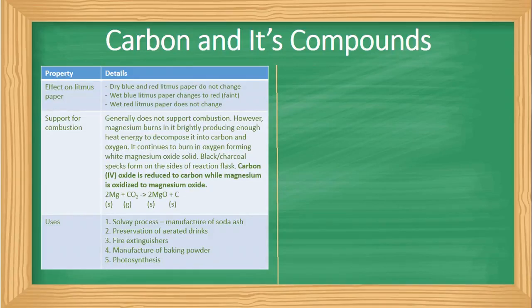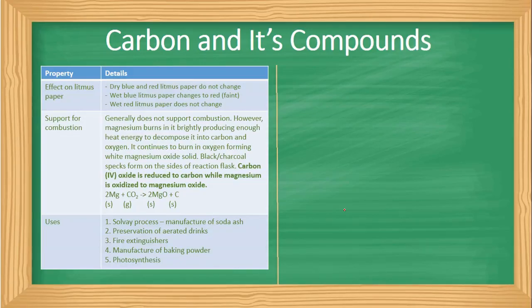Wet blue litmus paper changes to red, faint red. Wet red litmus paper does not change. The reason why wet blue litmus paper changes is because the carbon 4 oxide reacts with water to form carbon 4 acid, like we have described earlier.